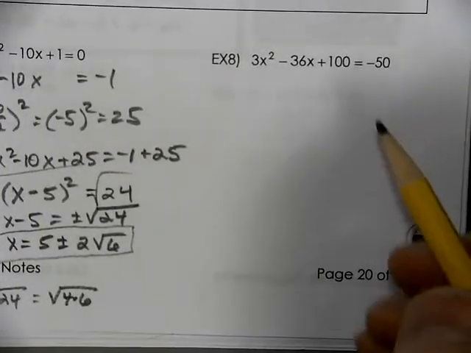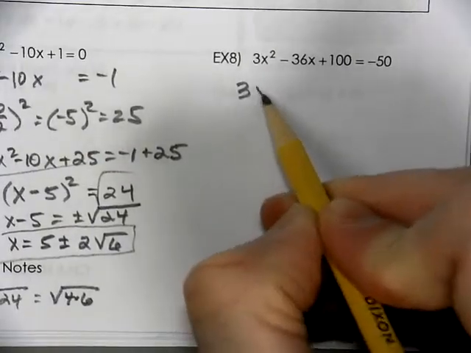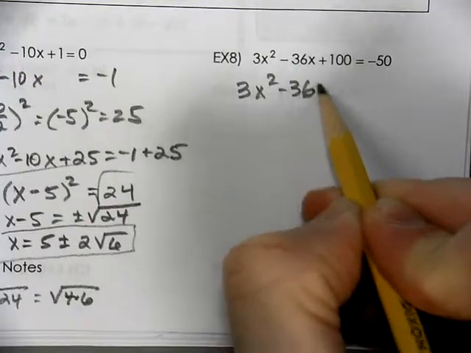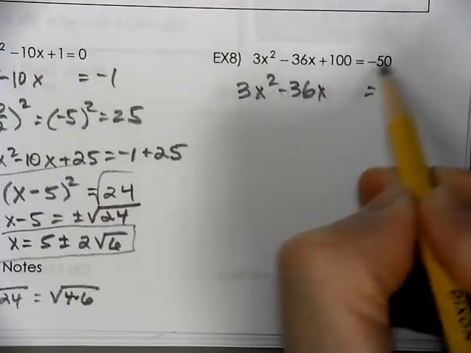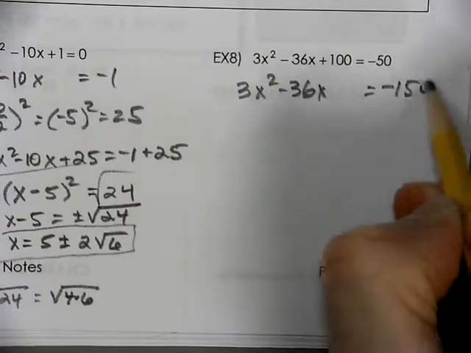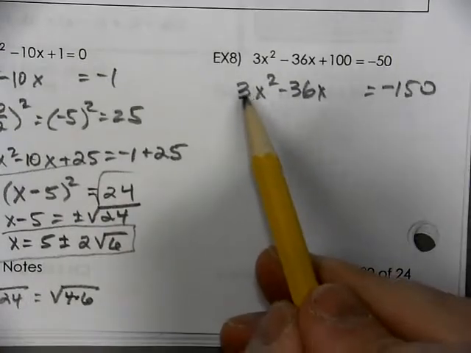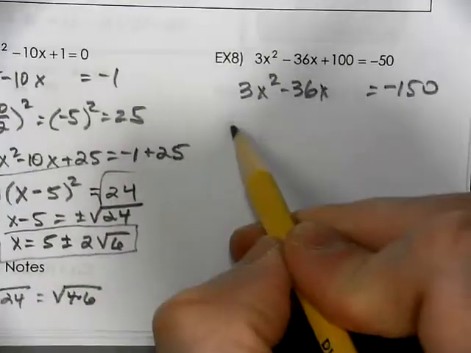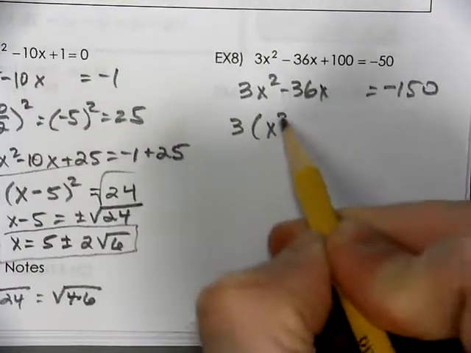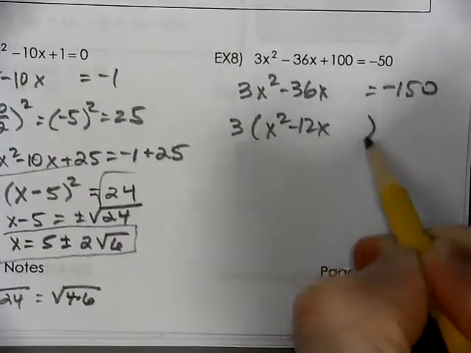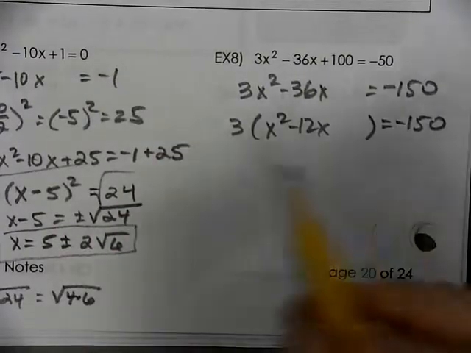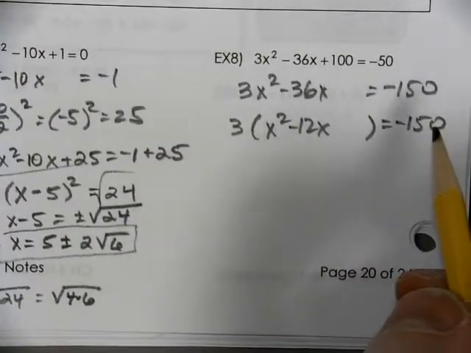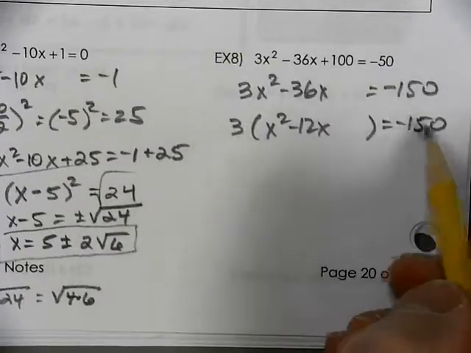Last example. Do you notice what's different about this one? When we subtract the 100 across, we get negative 150. This has an a value, so we have to factor the a value out. If we're solving, then we can divide by the 3.